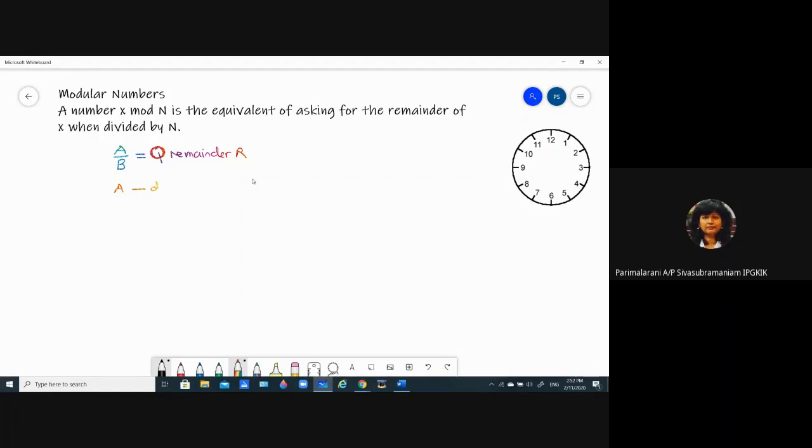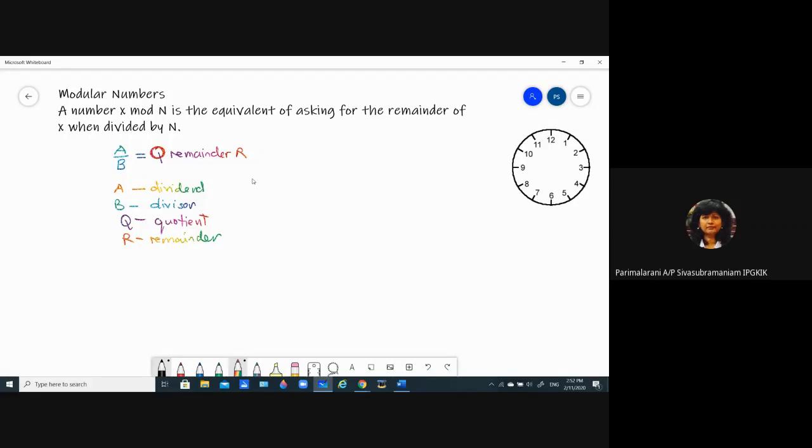The A is known as the dividend. The B is known as the divisor. And what is the Q? Quotient, yes. And your R is the remainder. This is what each number means.